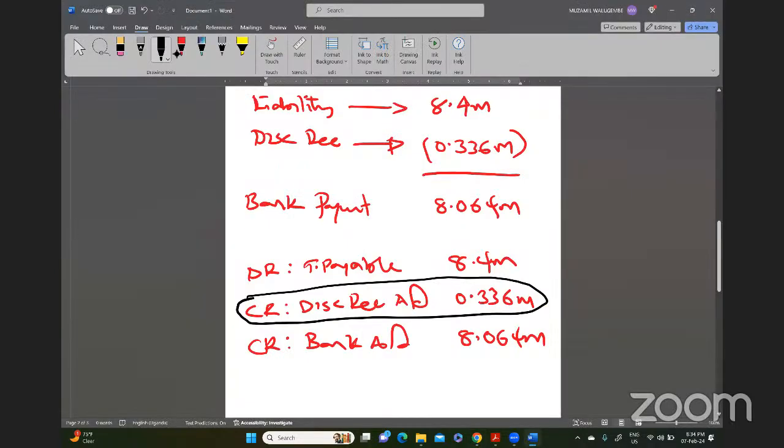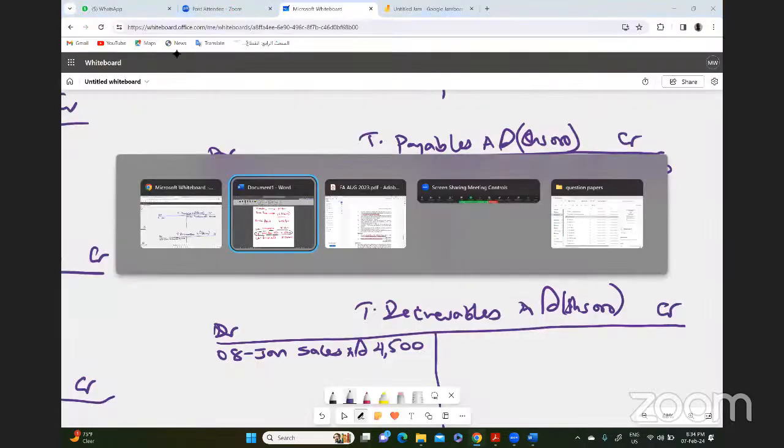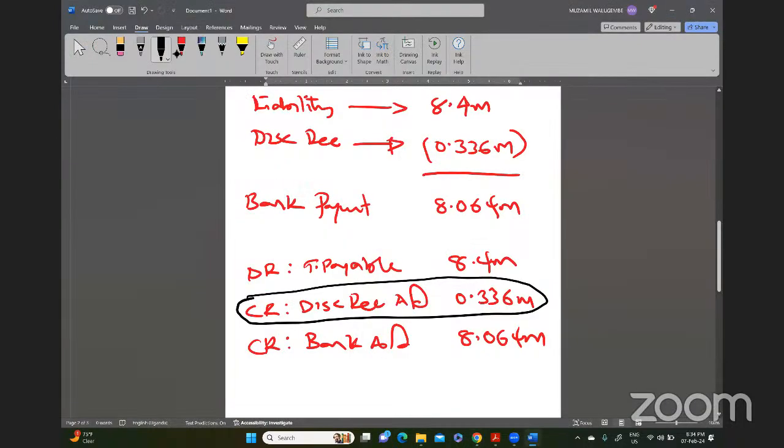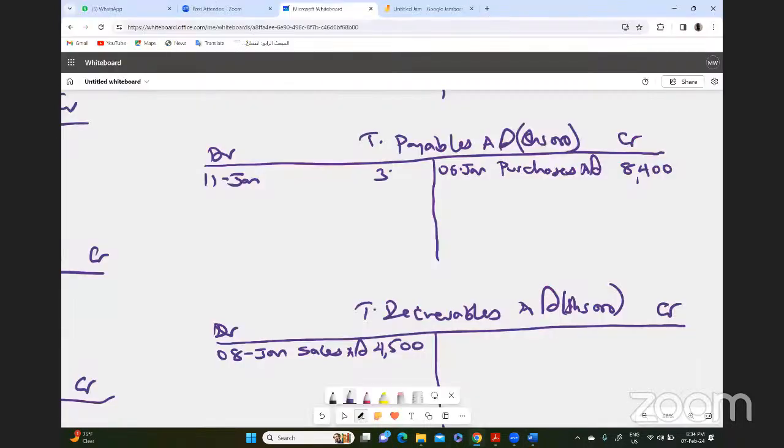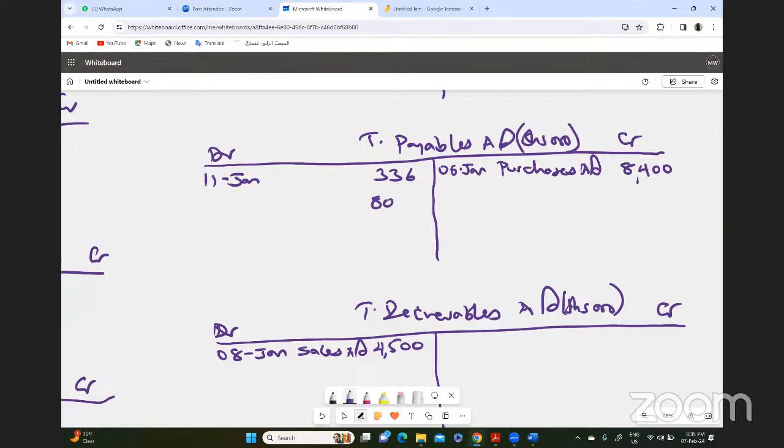That is discount received and then bank. So we are having discount received of 336, and then bank of 8064. Guys, do we understand why I'm doing this?